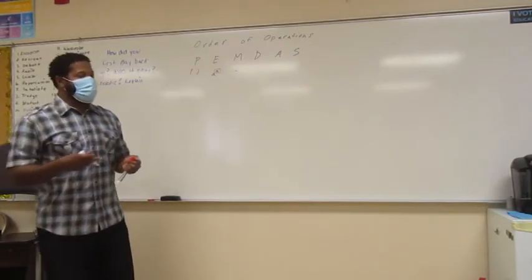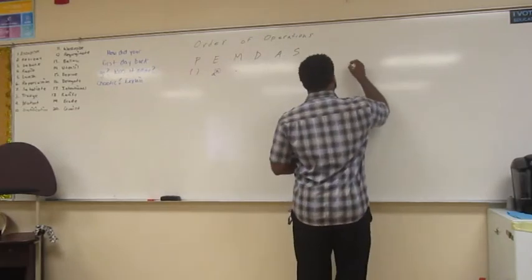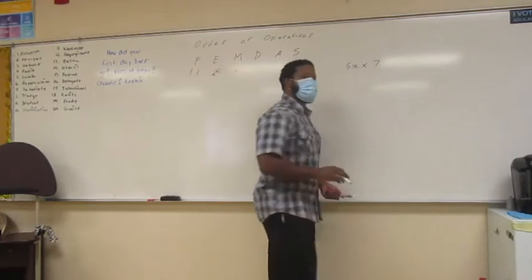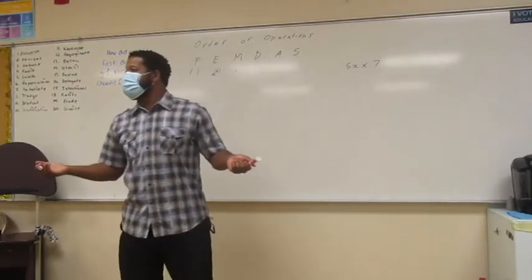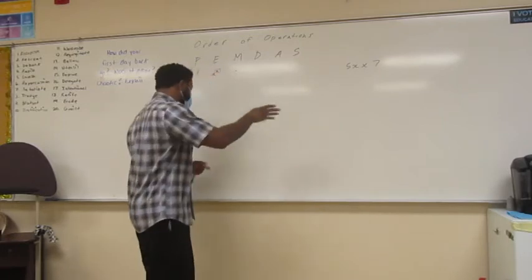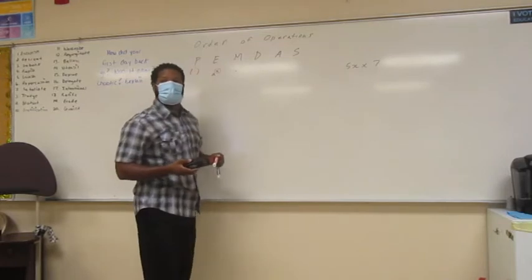And the last thing you want is to be saying 5x times 7. No, that looks crazy, right? Looks quite confusing, right? So that's a no-no. We're not going to be doing that. Multiplication, we're going to be using a dot, okay?